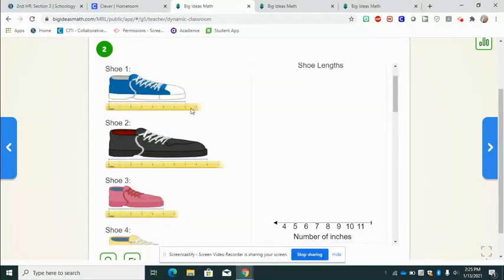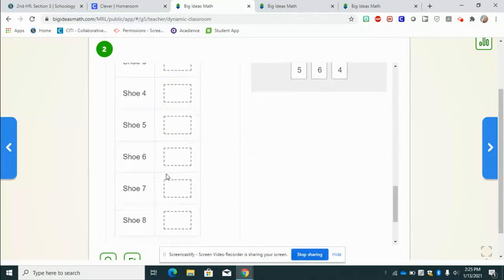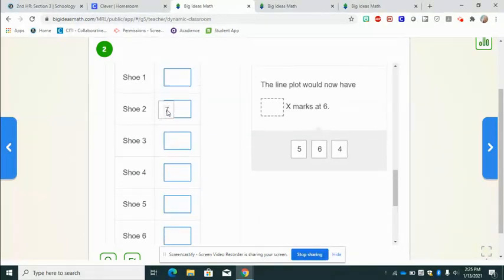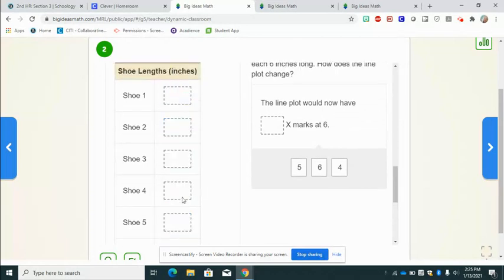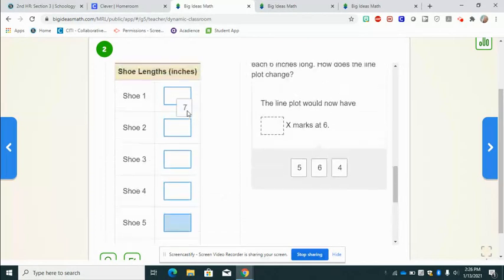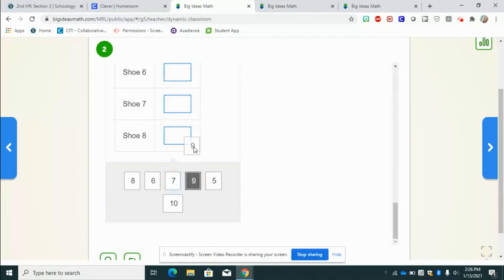The first shoe is 7 inches and the second one is 9 inches. So we're going to put a 7 beside shoe 1, and then we're going to put a 9 beside shoe 2.